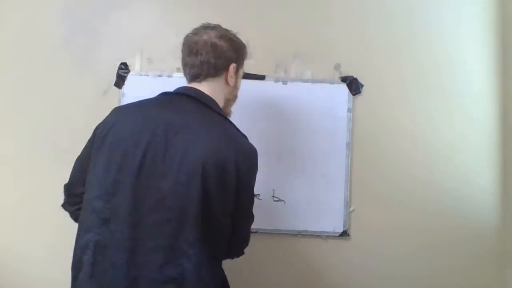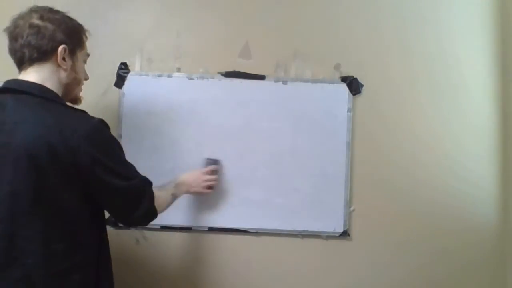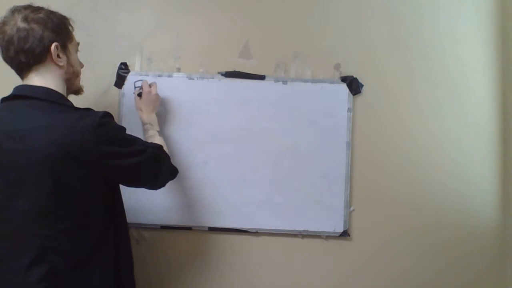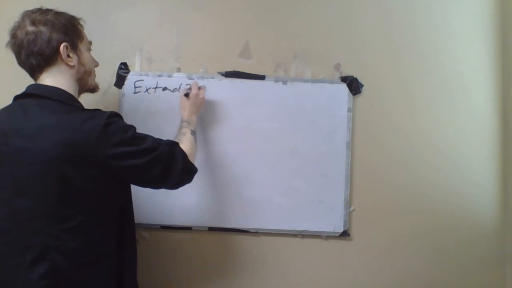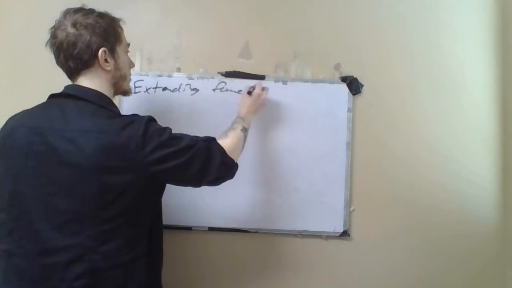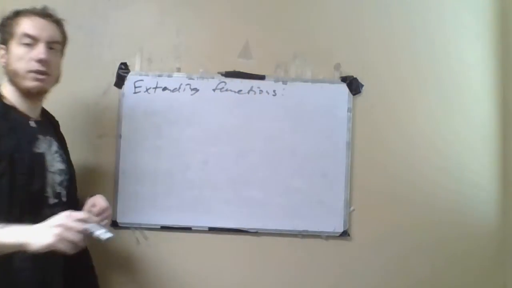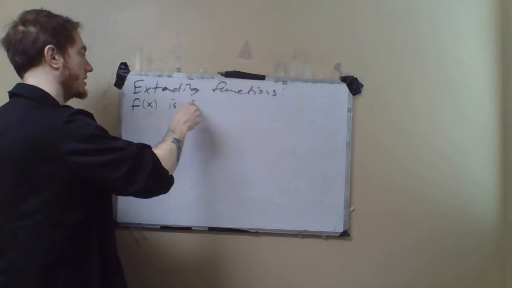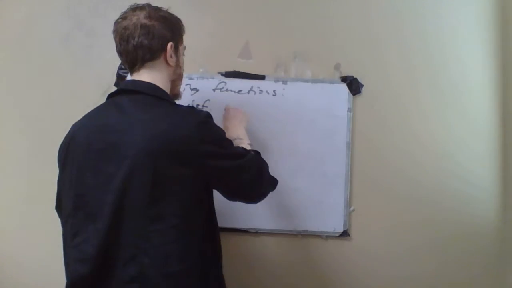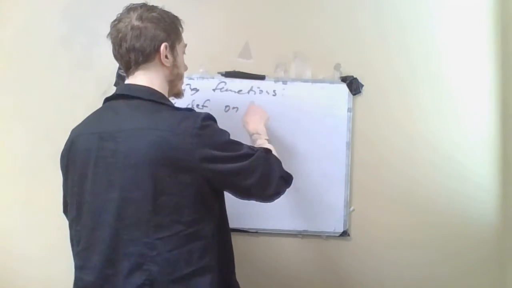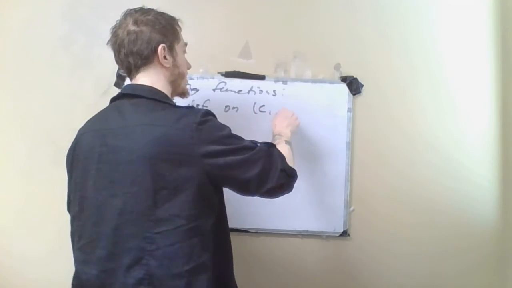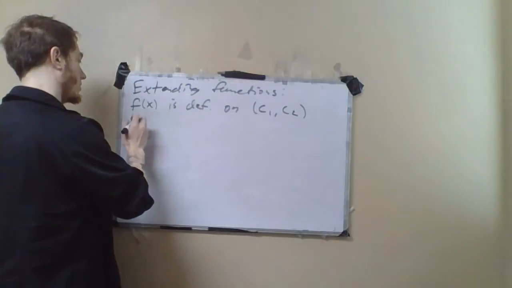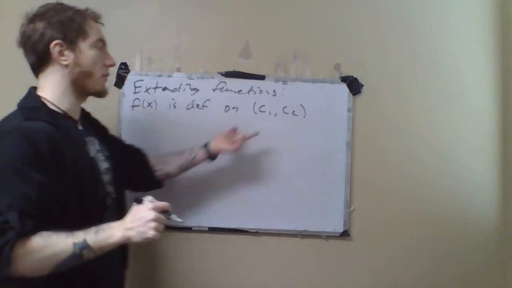Another reason why power series are so important is extending functions. So let's suppose that f of x is defined on some limited interval from c1 up to c2, or even maybe it's defined for all real numbers.